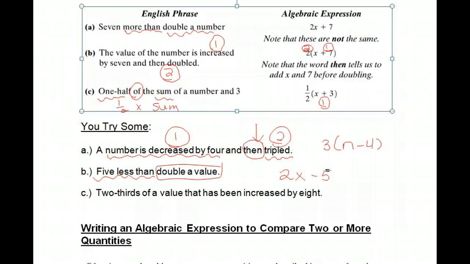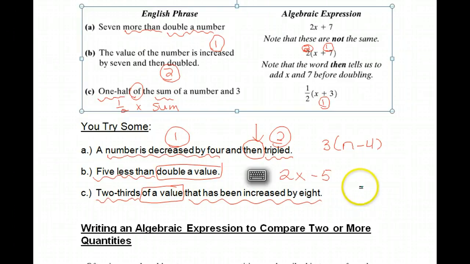2/3 of a value that has been increased by 8. So we have to have a value that has already been increased by 8 before we can multiply it by 2/3.